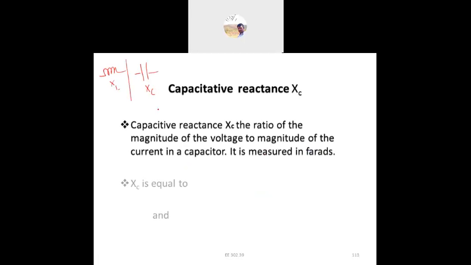XC is equal to 1 by 2 pi f C. Capacitive reactance is the ratio of the magnitude of the voltage to the magnitude of the current in the capacitor. It is measured in ohms, not in farads. So it is measured in ohms.